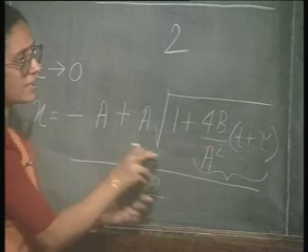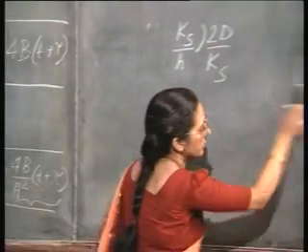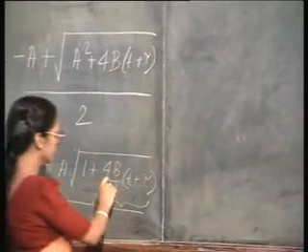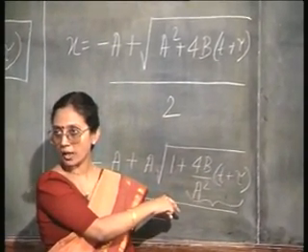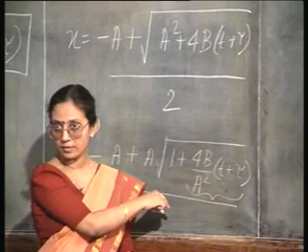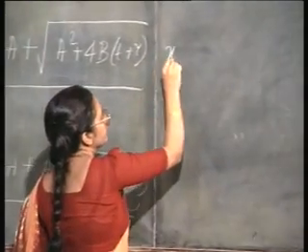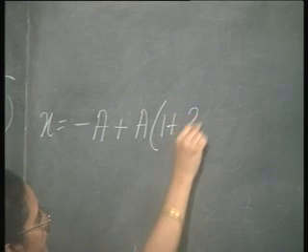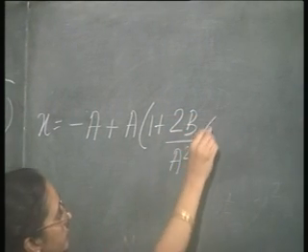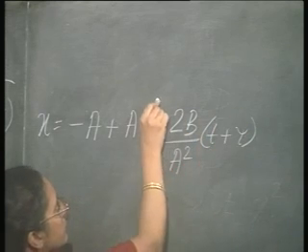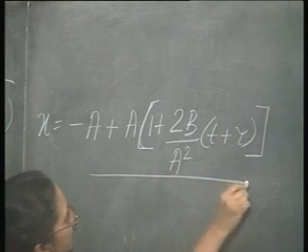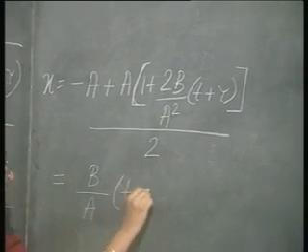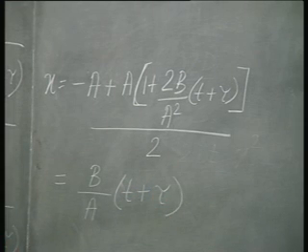So, in that case, I can approximate this term under the square root as 1 plus epsilon to the power half, which can be approximated as 1 plus half epsilon. So, then I can write... agreed.